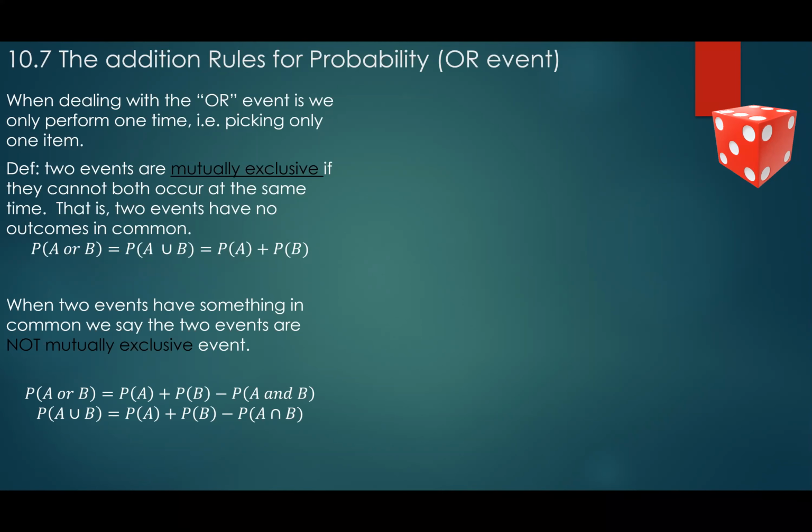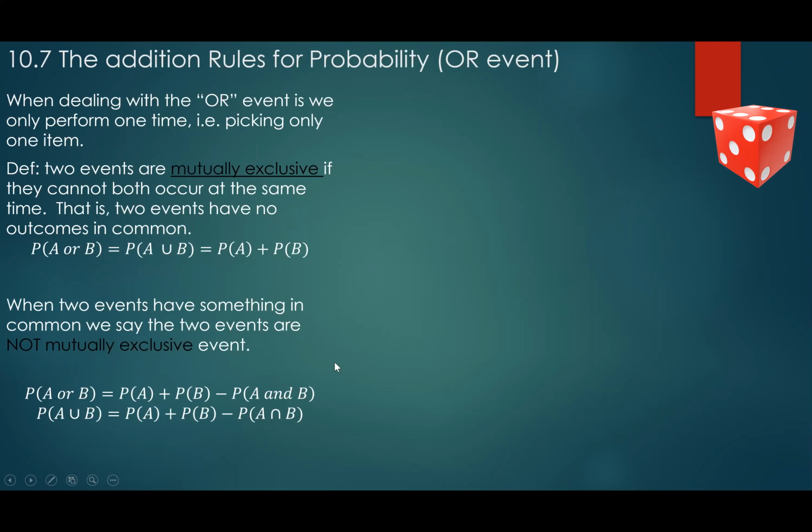If you do have something in common, then you are not mutually exclusive. Okay. And if you are not mutually exclusive, you have to subtract the common item. We will get to this formula a little bit. Basically, they tell you find the first item plus the second item minus what they have in common.